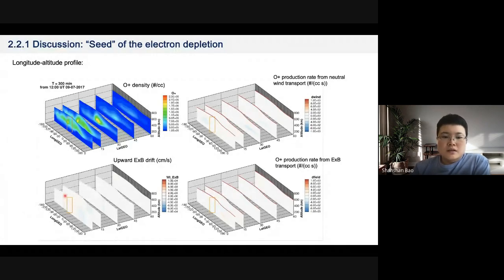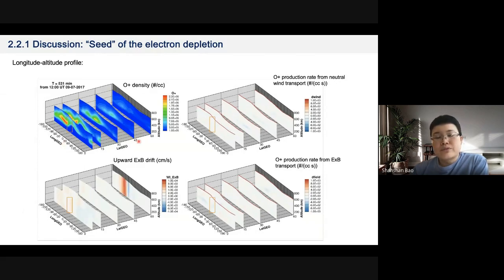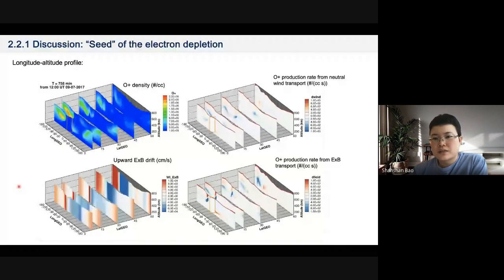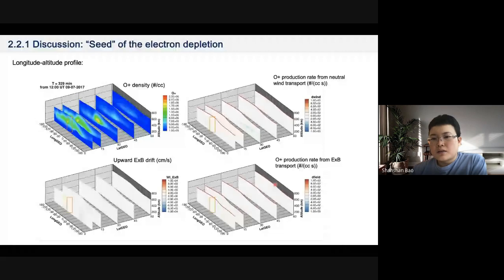What I'm playing is longitude versus altitude, and this is a latitude profile, a 3D profile of the O plus density and its production rate. Here I'm showing the upward E-cross-B drift and the O plus change rate from the E-cross-B transport.